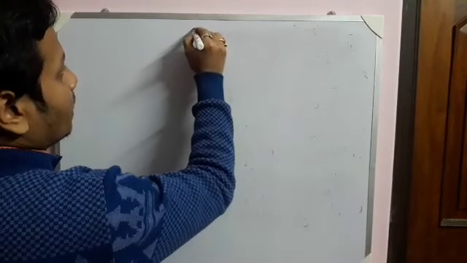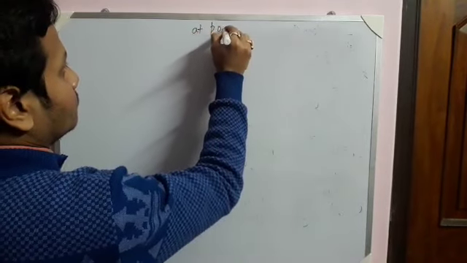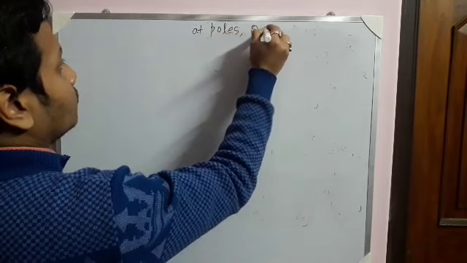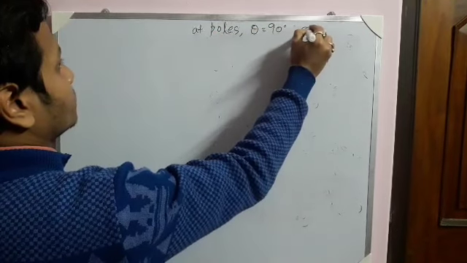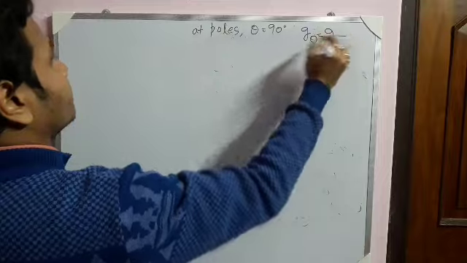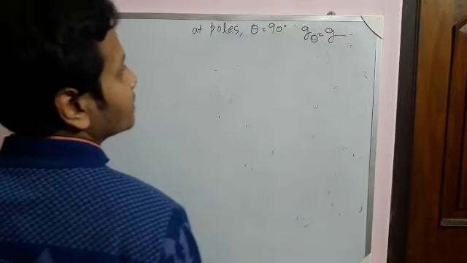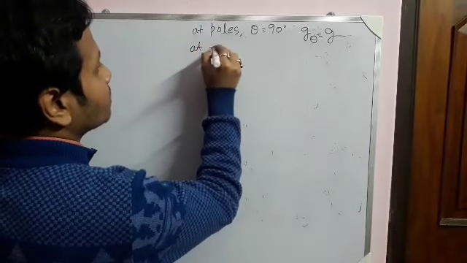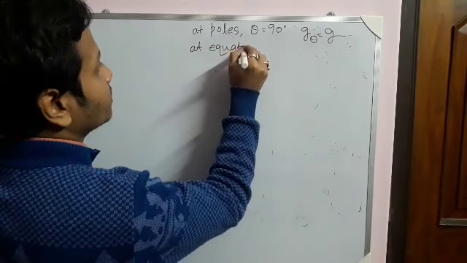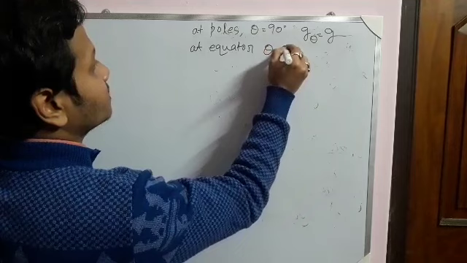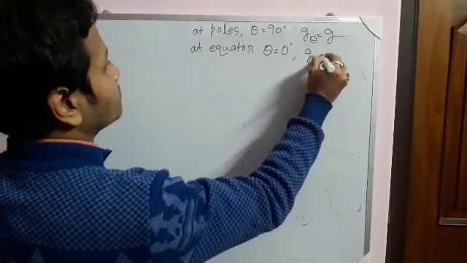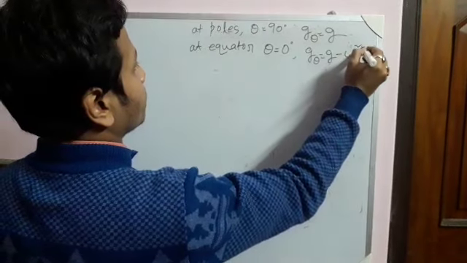Now we know at the poles the value of theta is 90 degrees, so g theta will become g. At the poles acceleration due to gravity is maximum. But what happens at the equator? At the equator theta is 0, so g theta must be g minus omega square r.